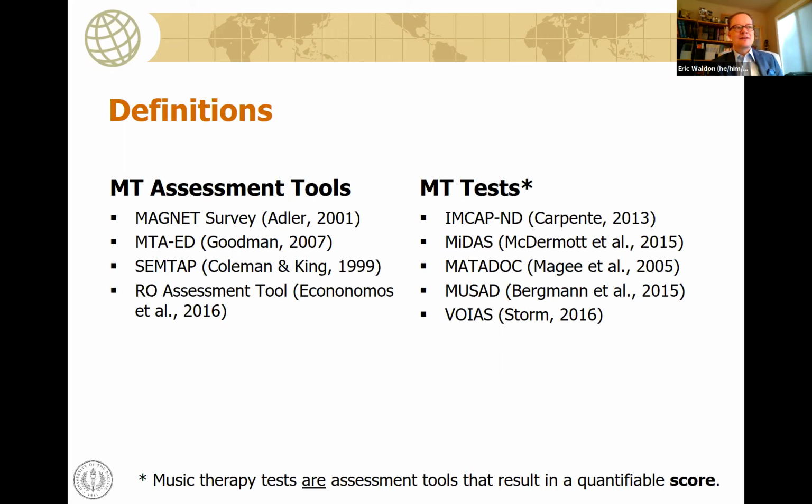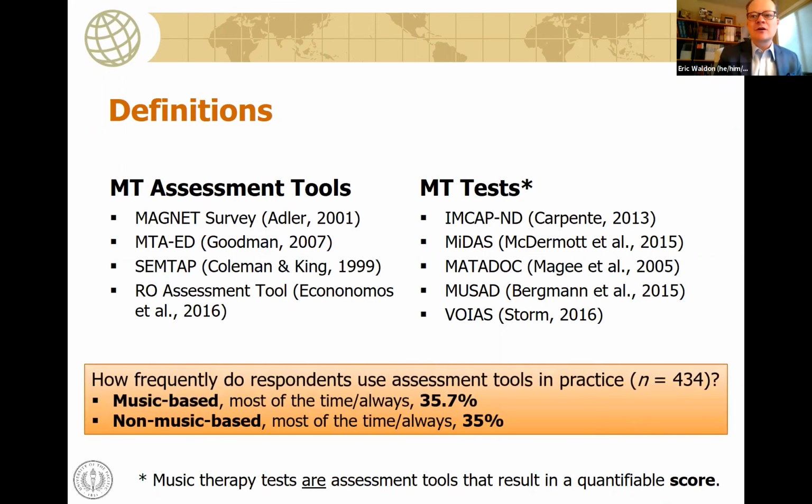We have the MCAP-ND by John Carpente, the MIDAS by McDermott and colleagues, Wendy McGee and her team, and the Metadoc. We have Thomas Bergman and his team who created the MUSAD, and also SoundStorm and the Voyas. So I'm looking forward to seeing more, staying tuned and hearing more about them and their presentation this weekend. So that's terrific.